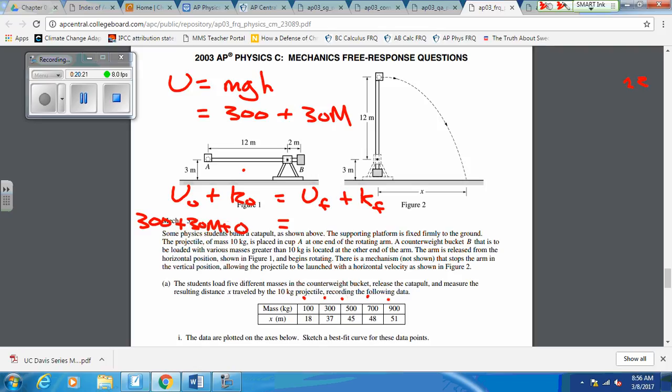Okay, so we have 10 kilograms, times 15. Oh, okay, because times 10. Oh, gotcha.